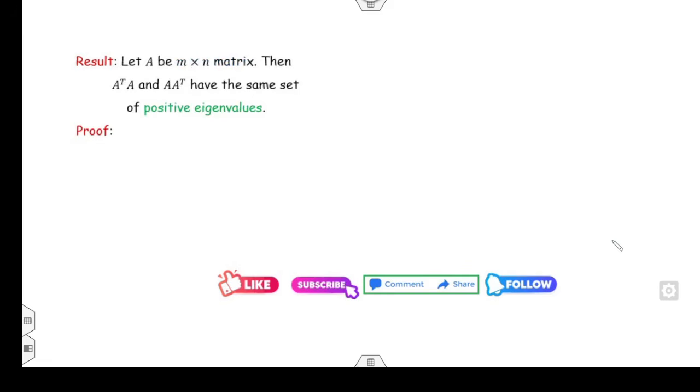Second concept: whenever you have a matrix A of size m cross n, then A transpose A and A into A transpose have the same set of positive eigenvalues. What does it mean? Let's say A is my matrix 1, 2, 3, 4, 5, 6. Fine. This is my 3 cross 2.